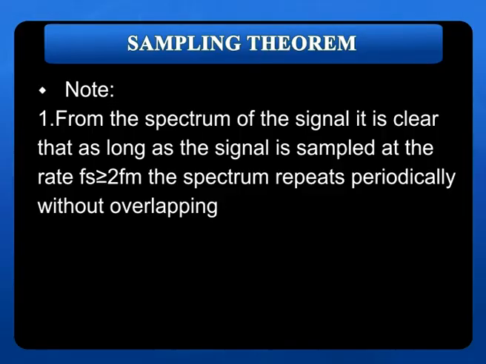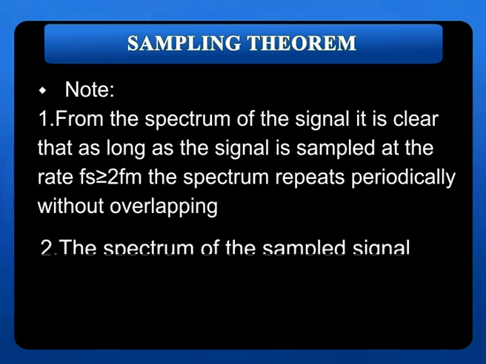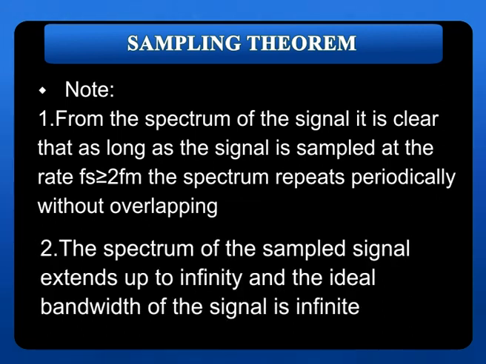Okay. Now, the first point says, from the spectrum of the signal, it is clear that as long as the signal is sampled at the rate Fs greater than or equal to 2Fm, the spectrum repeats periodically without overlapping. That we have seen here, there is no overlap. The second point, the spectrum of the sampled signal extends up to infinity and the ideal bandwidth of the signal is infinite.